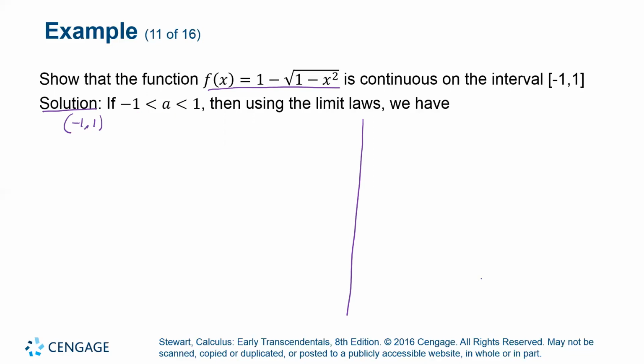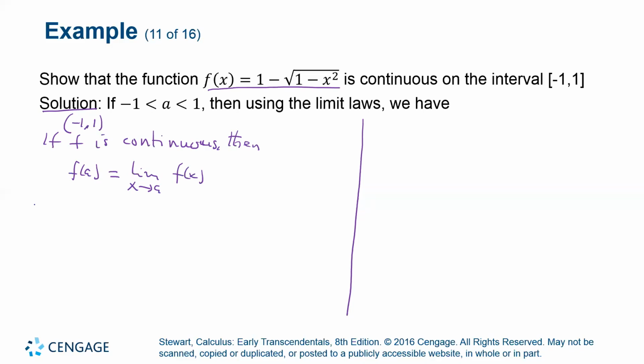So if f is continuous, then we use the test. It means that f of a is equal to the limit as x approaches a of the function, and this limit exists.